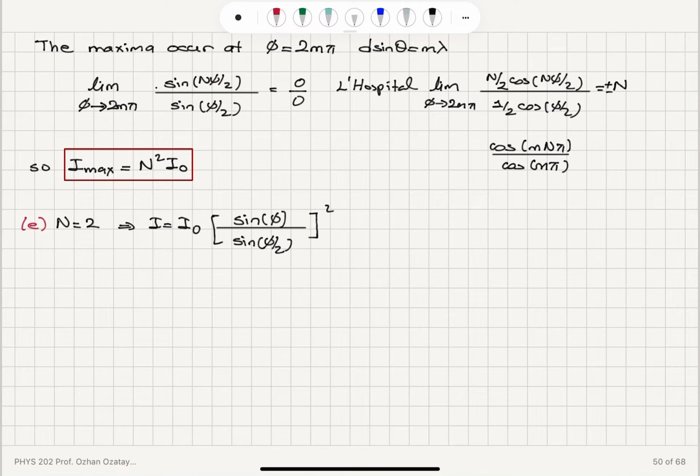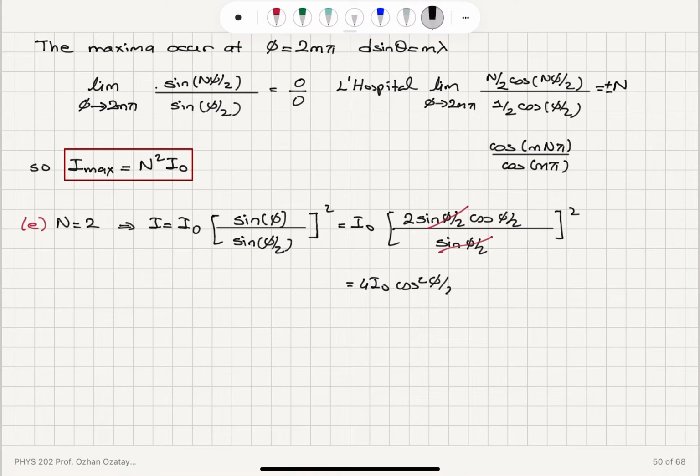Now this is I0 times sin φ, which can be written as 2 sin(φ/2) cos(φ/2), and here we have sin(φ/2) squared. The sin(φ/2)'s will cancel, and we will obtain 4 I0 cosine squared(φ/2).